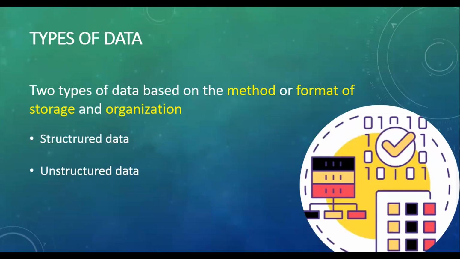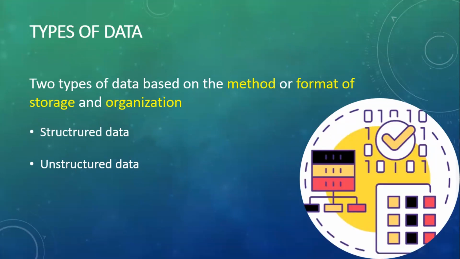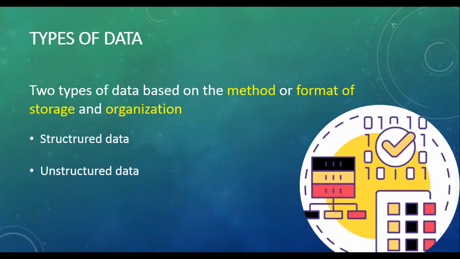There are types of data based on the method or format of storage and organization. One is structured data, and the second is unstructured data. For this topic, I focus on structured data. So what is it? Structured data is data stored in a predefined format with a clear structure.